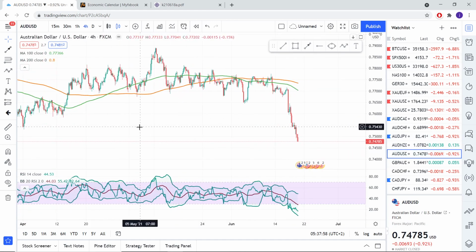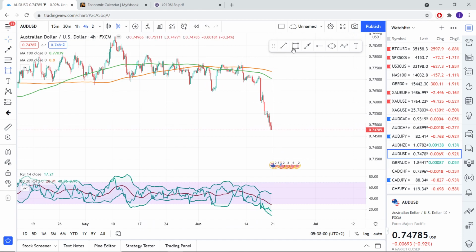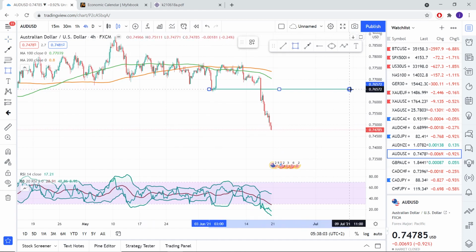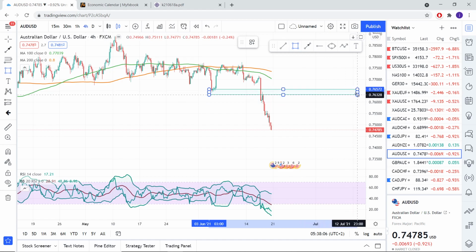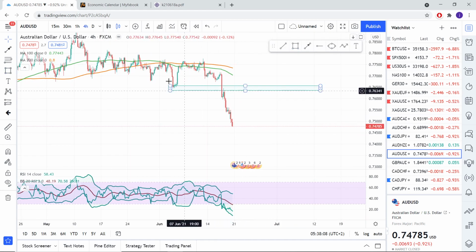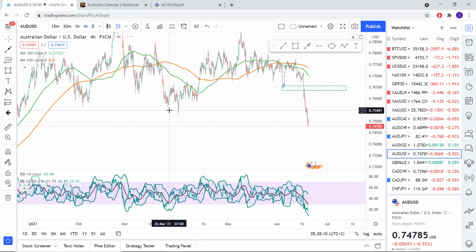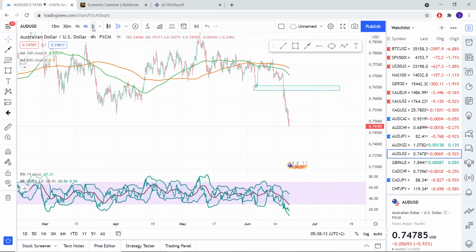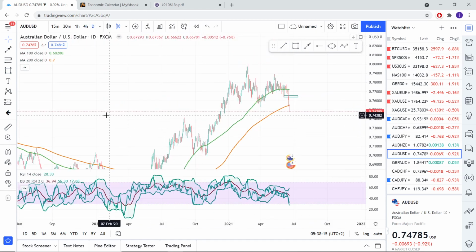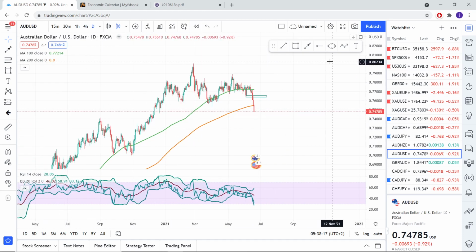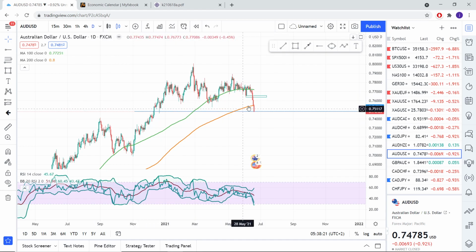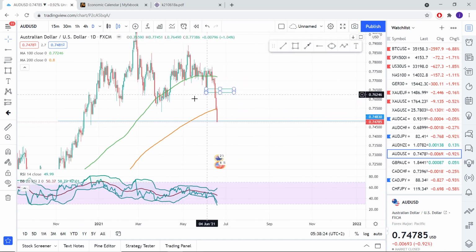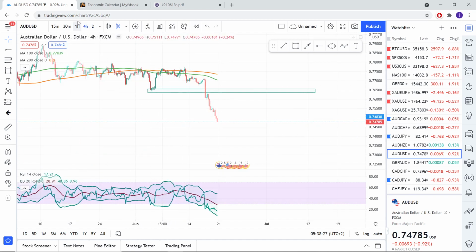AUD USD, again USD shrugged, FOMC statement. Alright, possibly we could see some retracement back into this area to continue going short if that's the case. Looking from the daily. Alright, so we could possibly find some strength right here to come back into this area right around here before the initial break.